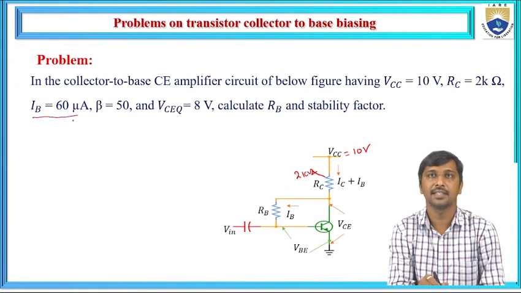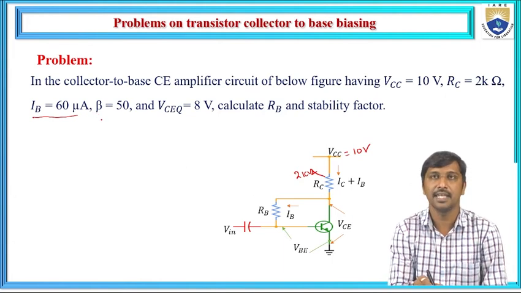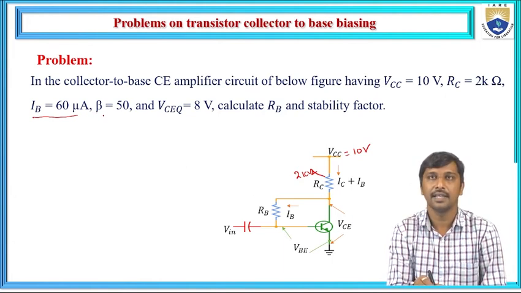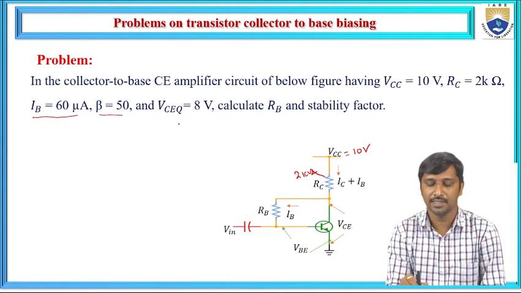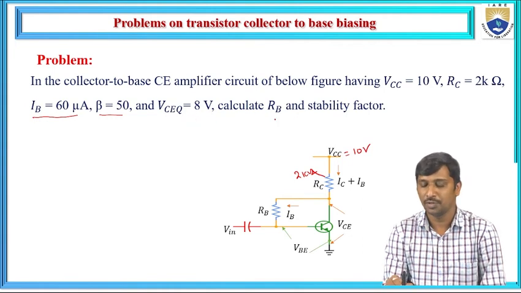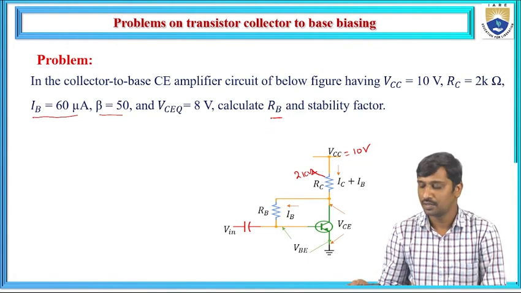The base current is 60 microamperes, the current gain of the transistor under CE configuration is 50, and the VCEQ operating point voltage is 8 volts. Now we need to determine the base resistance as well as the stability factor.